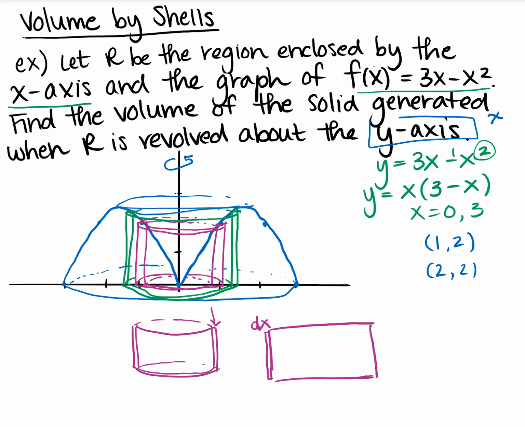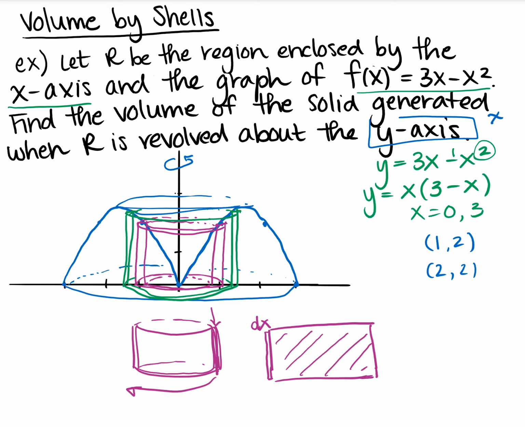So what I want to figure out is, if I cut it right here and opened this up, and if we were in a real life class, I would show you with a piece of paper. If you take a piece of paper and make it into a tube and then open that tube up, you get just a rectangle. So let's figure out how to find the area of this rectangle right here.